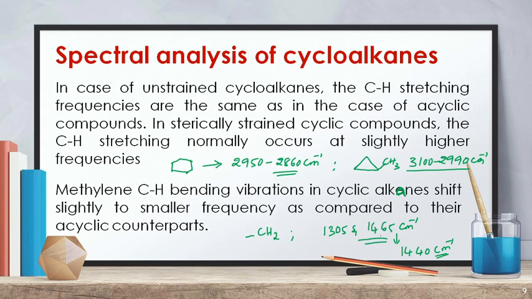So that's why it will be at around 1440. This is the major idea in the identification of cycloalkanes. Depending upon whether it is strained or unstrained, you have to find out the CH bending vibration.